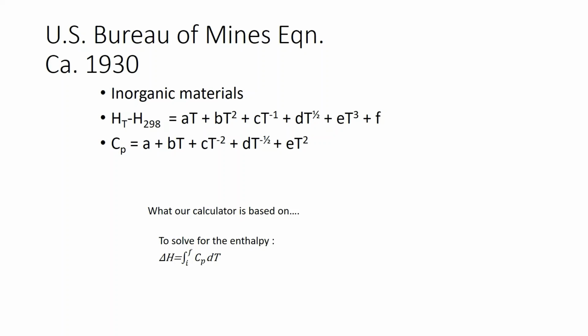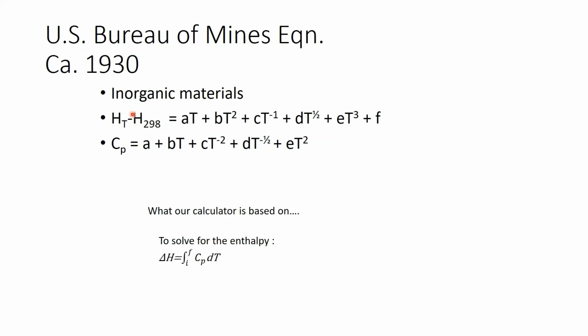The US Bureau of Mines equation is one that the thermodynamic tables that we're using, at least in this first part of class 4, are based upon, and I pay a little bit of homage to the US Bureau of Mines. They're not around anymore, but they did a lot of work calculating the constant pressure heat capacity for a lot of substances, and we have their data to take.